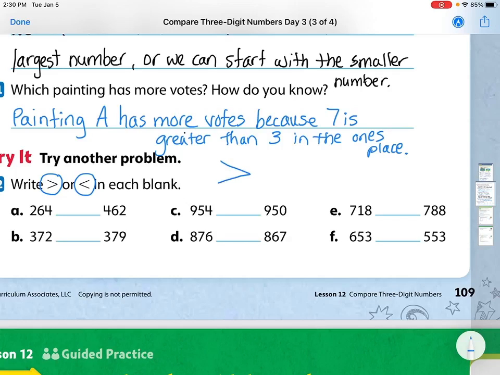Remember, the greater than symbol, the alligator, wants to eat the bigger number, which comes first. And if you're going to use the less than symbol, then the greater number will be the second number that you write in your sentence, okay? So don't forget that. Go ahead and pause the video and fill in all 6 of these equations and then come back and see if you got it right. Pause the video now.